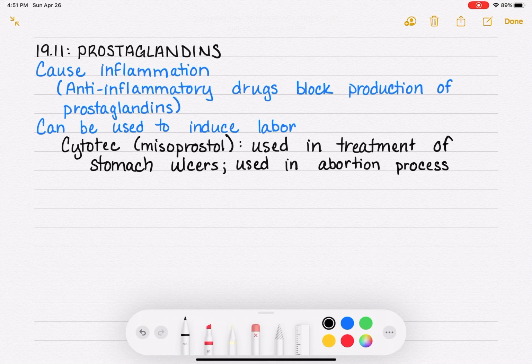So in a full-term baby, if you're going into labor and you're ready to deliver a baby, Cytotec cannot cause anything bad to happen, it just helps you give birth. But if you are using it at a time when the fetus is not viable, it would not be able to survive, then it would have indirectly negative consequences for the fetus.